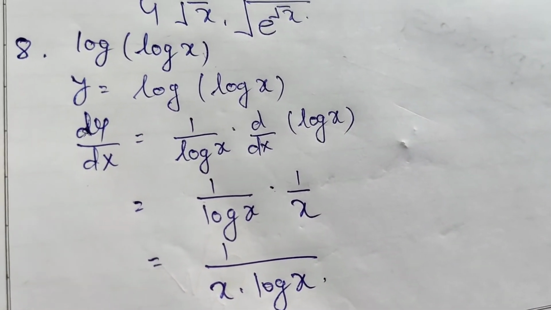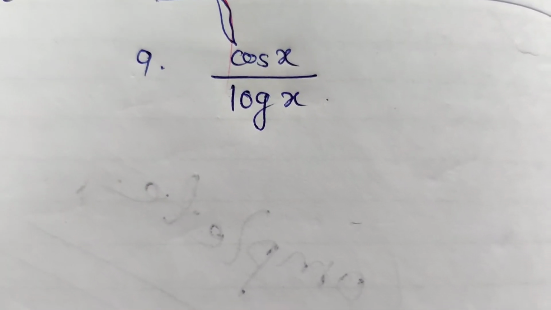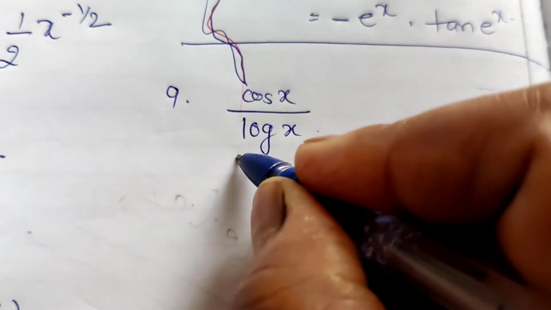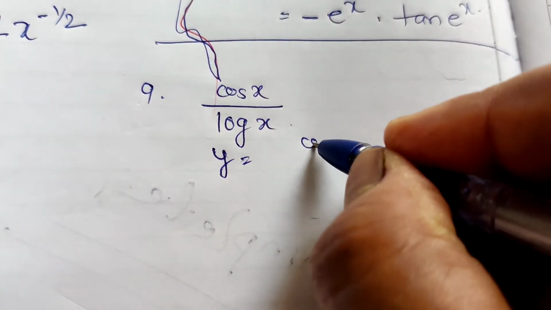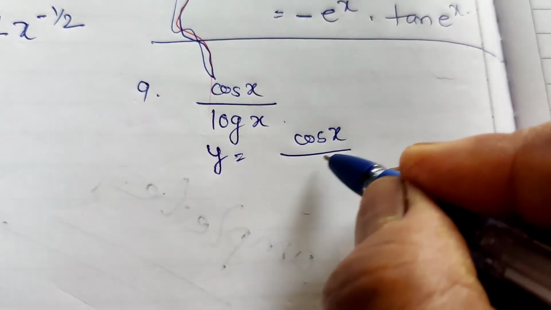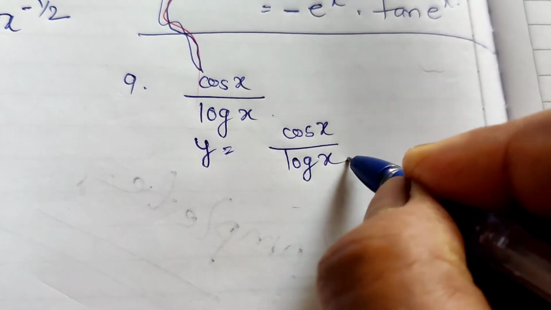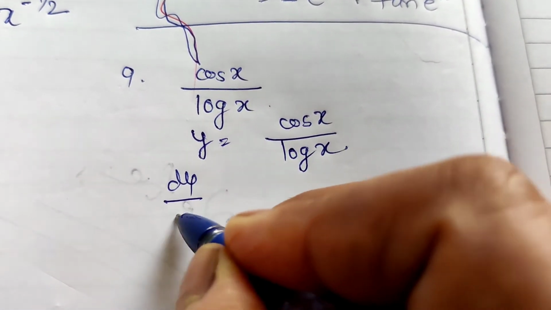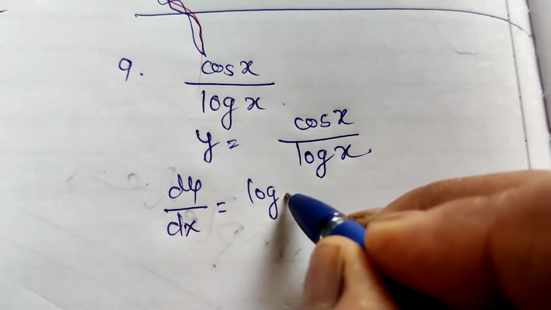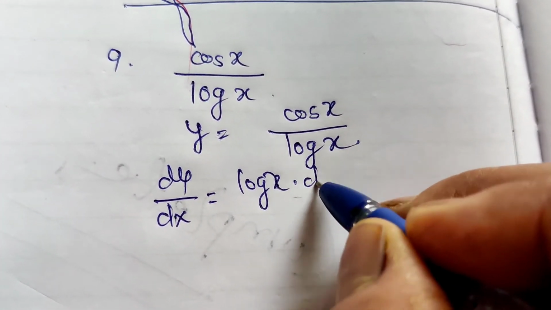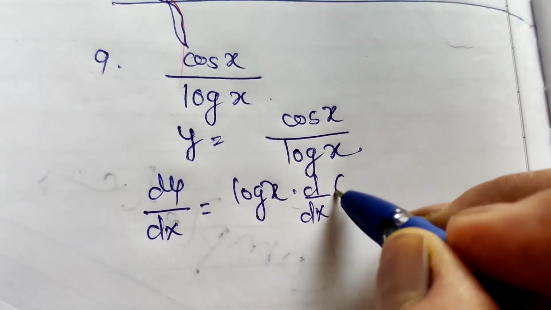Question number 9. Cos x upon log x. Y equal to cos x upon log x. By division rule we will differentiate this one. Now dy over dx equal to log x and differentiation of cos x.